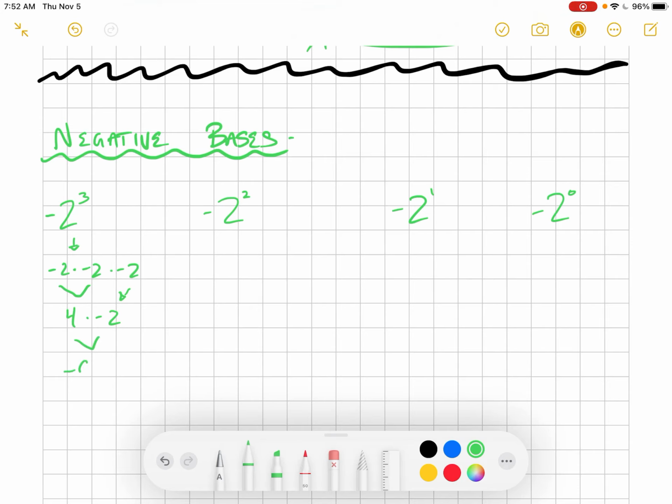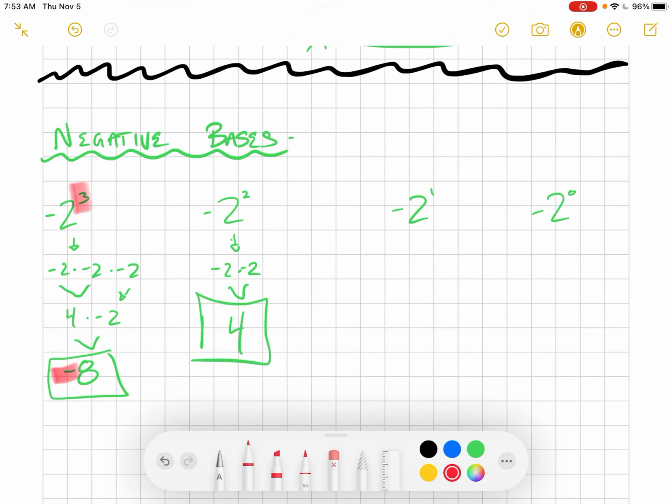So now this is negative 8. So negative 2 to the third power is negative 8. Okay? Let's look at the next one. Negative 2 times negative 2 is what negative 2 squared is. Well, negative times a negative is a positive. So that's 4.